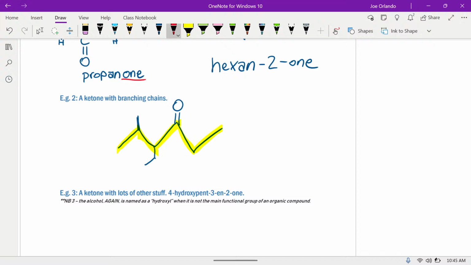Now, again, we say this gets numbering priority, and it does, but it's only a tiebreaker. So we still go with lowest numbers overall. In this case, our lowest numbers overall just go with us counting 1, 2, 3, 4, 5, 6. If you went the other way, it wouldn't be wrong, it would just be suboptimal. Not a big deal. So what are our side groups? 3-ethyl. Should I put the 2-methyl first or the 3-ethyl? 3-ethyl because of alphabetical order. Yeah, very good. So 3-ethyl, 2-methyl.